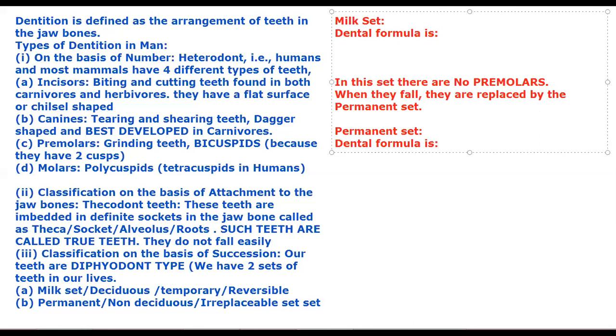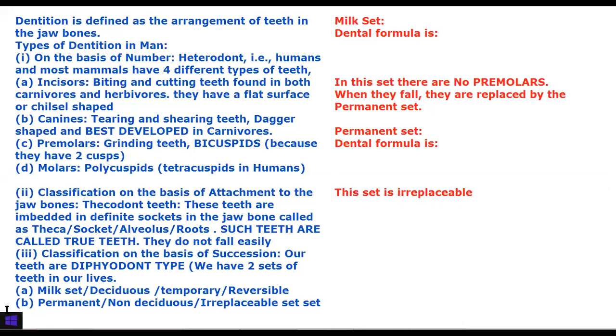Now this set is irreplaceable. Okay, it means if you lose it, you will never get this back. So that is why if your first set of teeth goes, you can get it back. But if the second set of teeth goes, you will never get it back. Understand?